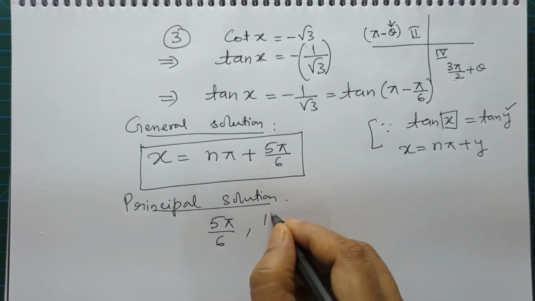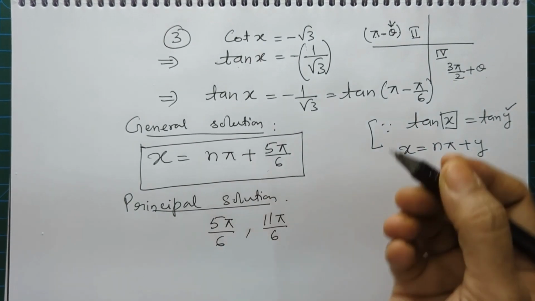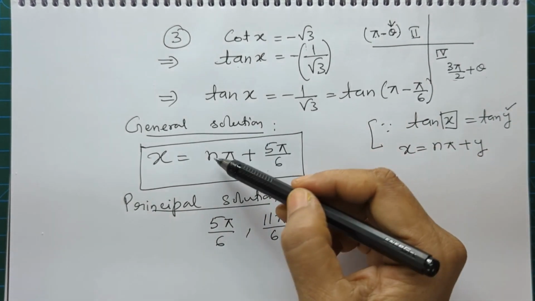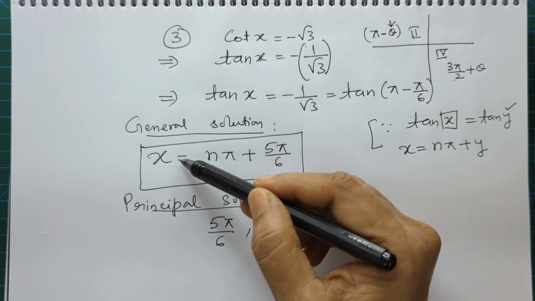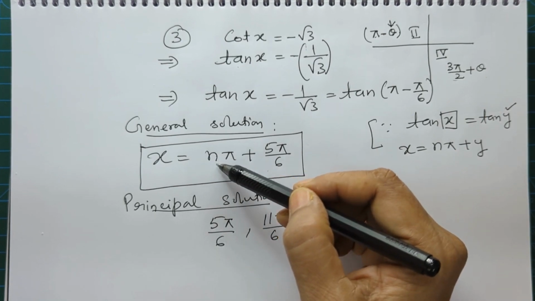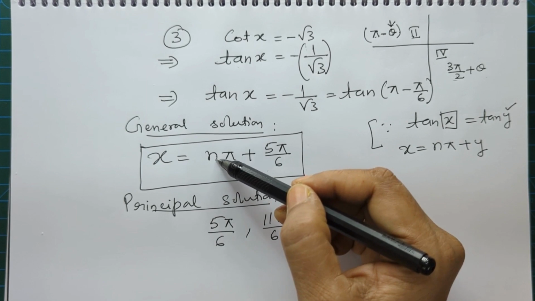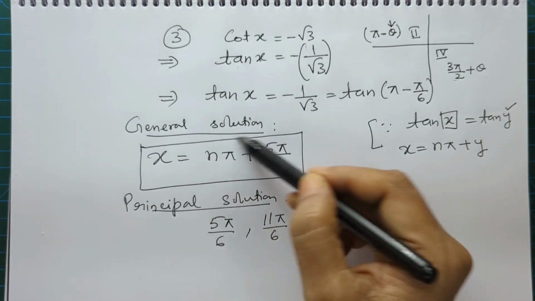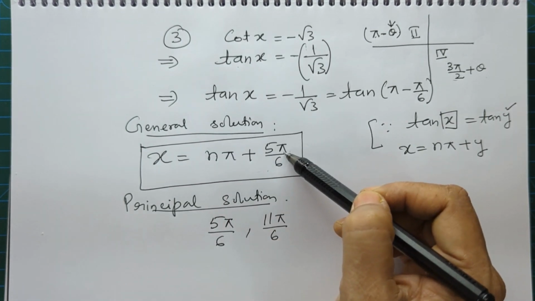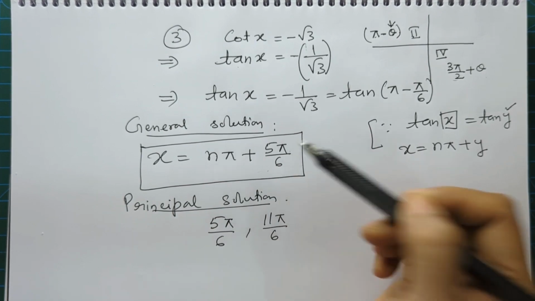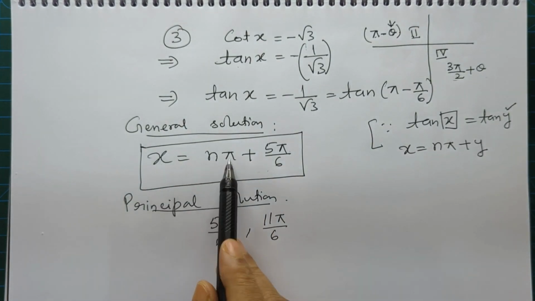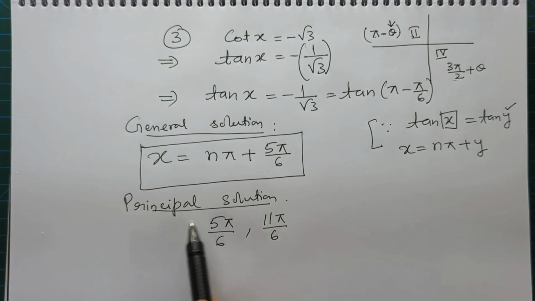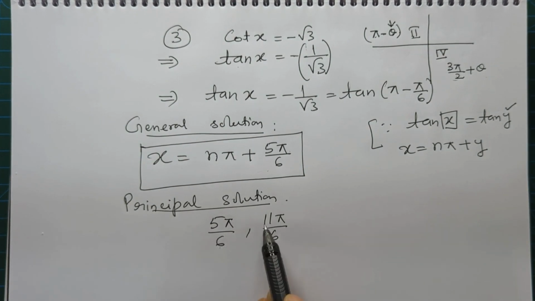Next one is 11 pi by 6. Now you don't need to think further, because in place of n, if you put any negative values or more than 1, then on simplification we are going to get an angle greater than 2 pi, which cannot be a principal solution. So the general solution is x is equal to n pi plus 5 pi by 6. Principal solutions are 5 pi by 6 and 11 pi by 6.